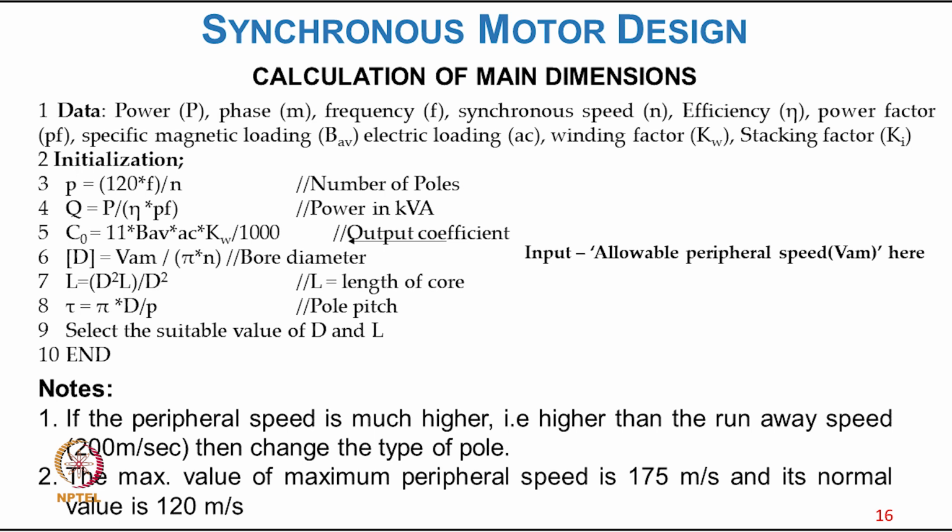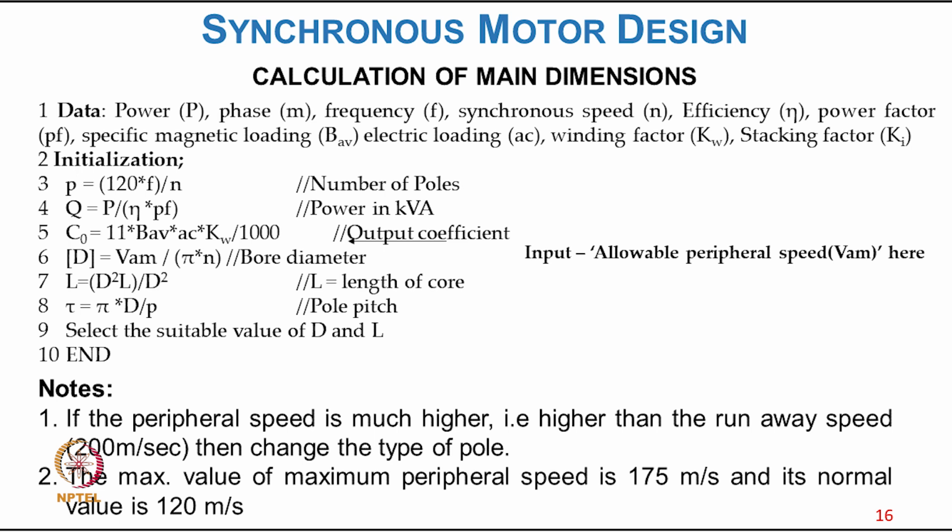From this we first calculate the number of poles, 120 f by N, then we calculate the kVA, P upon efficiency and power factor, then C0 output coefficient, 11 B average AC kW divided by 10 to the power 3, and then calculation of D, P upon pi D N, bore diameter, L, then we calculate L D square upon D square, then typically tau equal to pi D upon p, and then select a suitable value of N, L and n.